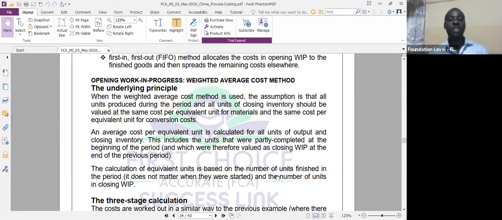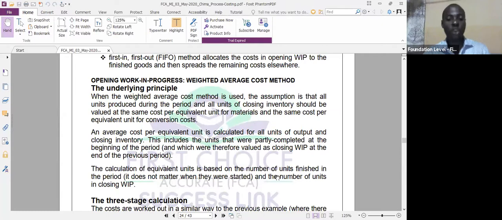When we are using the weighted average method, you're looking for an average, it means that all the units that we produce this period, because we have to divide this production into two, the complete units we produce this period, and the closing inventory, which is the work in progress, should all be valued at the same cost per equivalent unit.